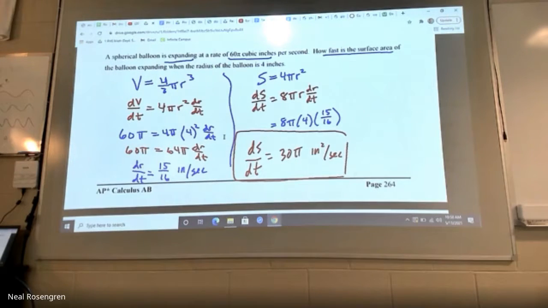Isolate r so we can just do things in terms of h, or vice versa. Depends on what rate they give us or they're asking for. All right, so 11 on 267, find the rate of change for the depth, so the height of the water. So I need dh/dt, so it's got to be in terms of h, so I can get a dh/dt. But that's getting ahead of myself.